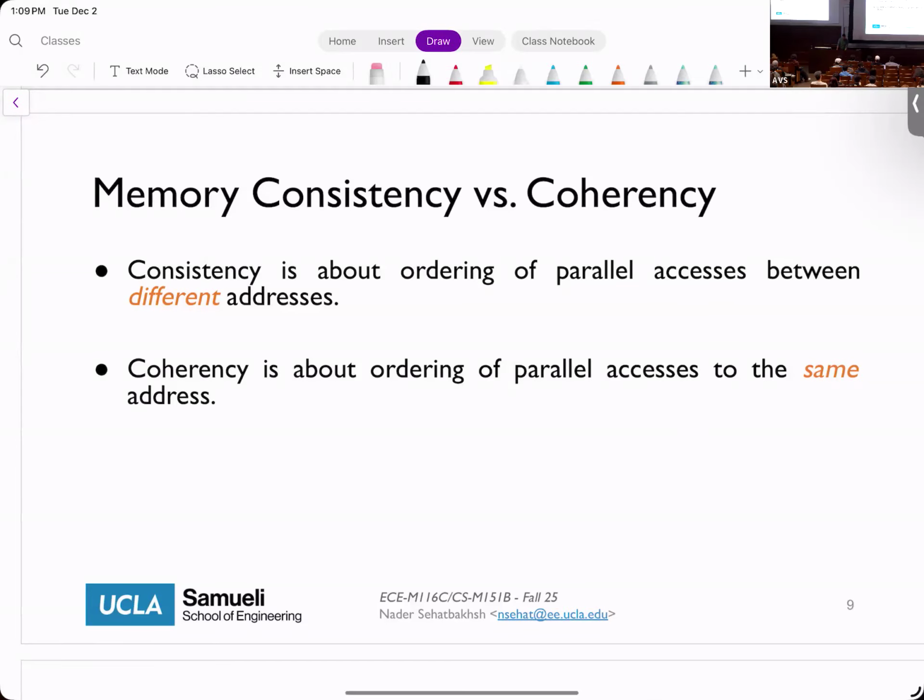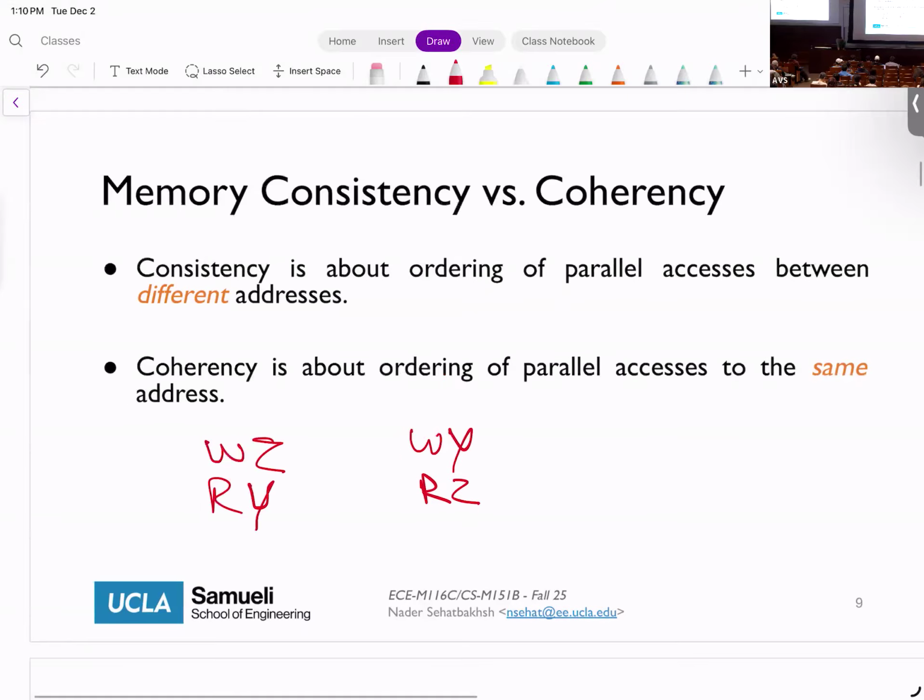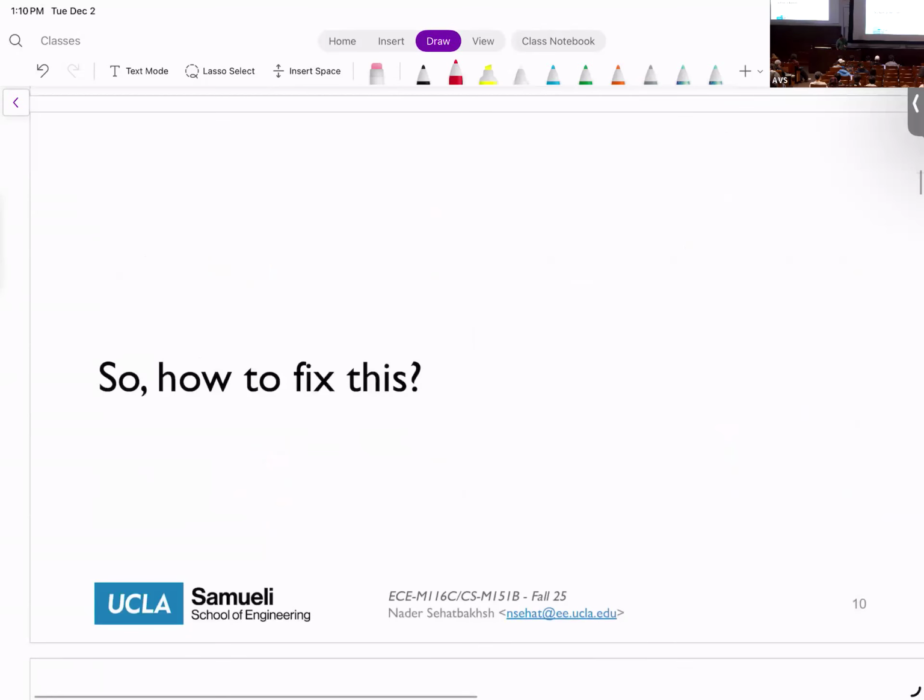That is, I'm writing to Z and then reading from Y, and this other core is reading from Y or writing to Y and reading from Z, something like that. Whereas in coherency it's reading Y, writing Y, reading Y, writing Y, or something like that. So it's all about the same address. So just be careful about the differences between consistency and coherency, okay?